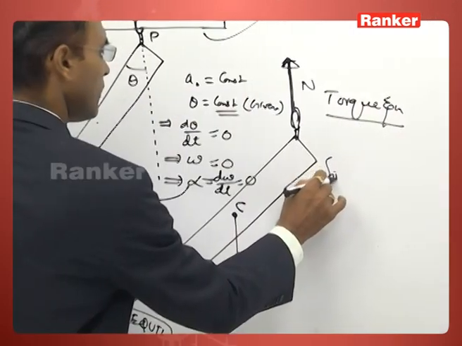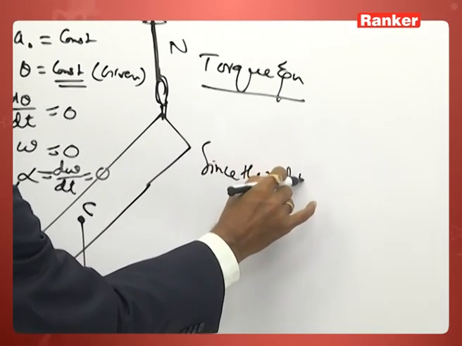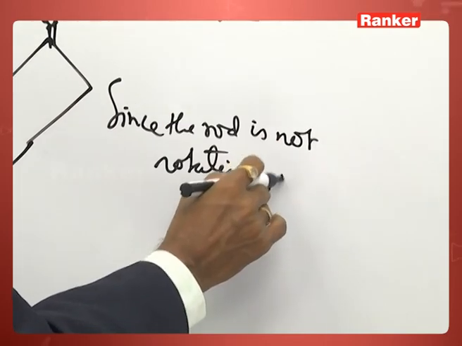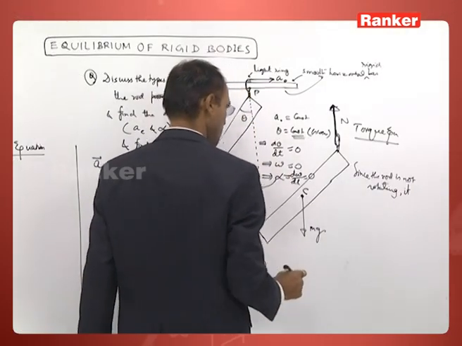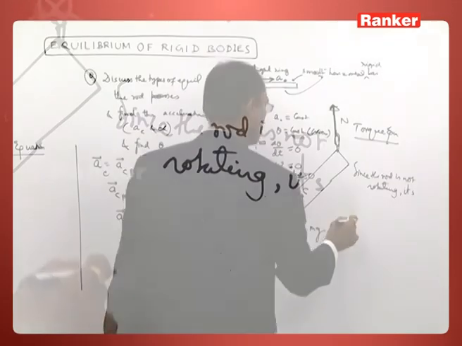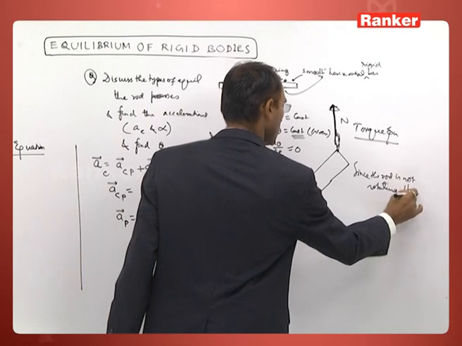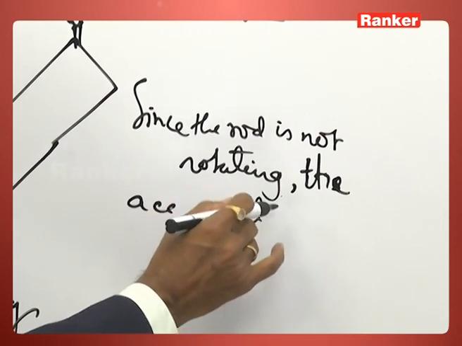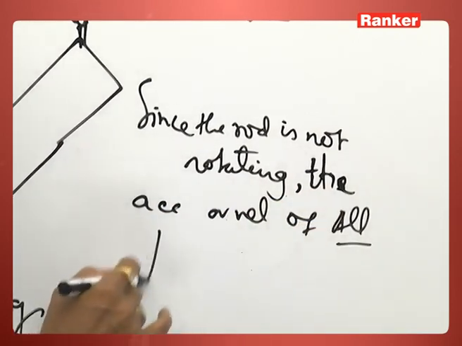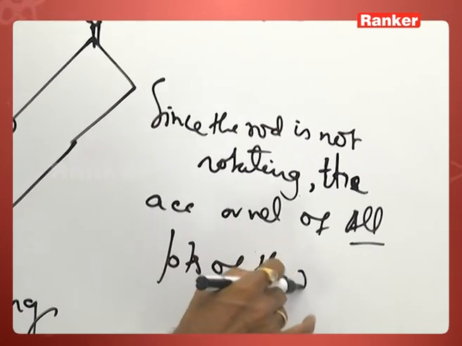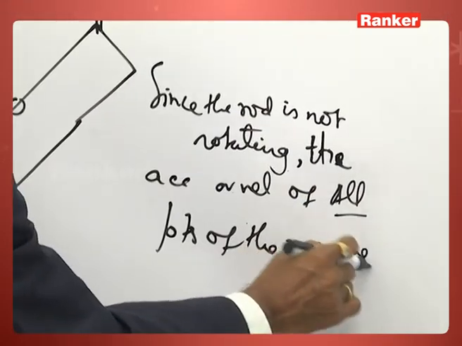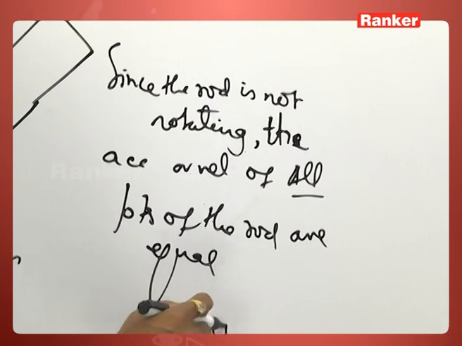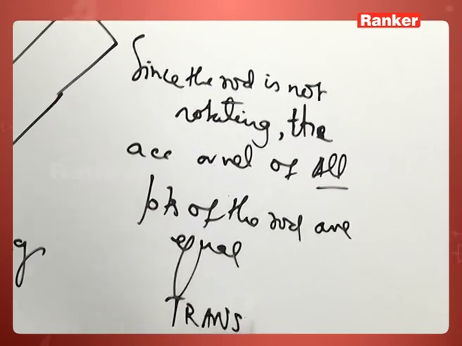Since the rod is not rotating, the acceleration or velocity of all points of the rod are equal. So the rod is under pure translation.